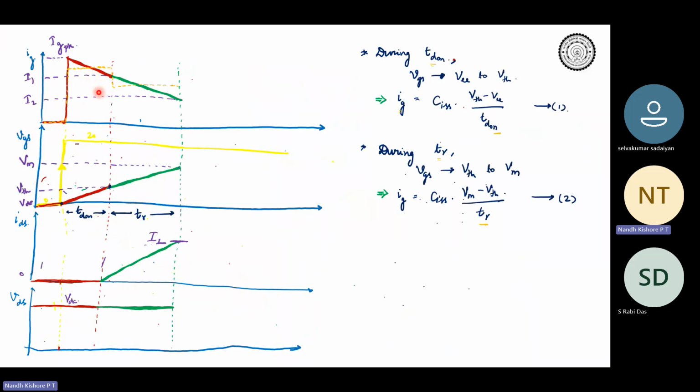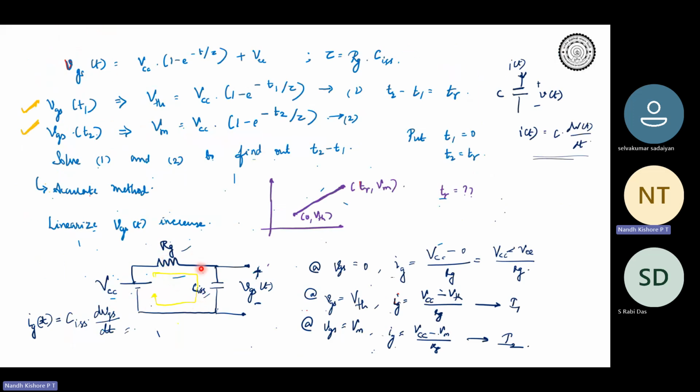So what we did, in order to find the actual value of the turn on time, was average out the current. You know that current actually changes from IGP to I1. So we averaged out the current. That is, your average current would be this orange line, IGP plus I1 by 2. Right? This is the average current. I can also write that this gate current is the same current flowing through this capacitance. This current can be written as C dV by dt, CISS into dVGS by dt.